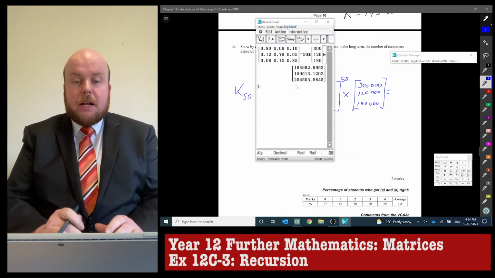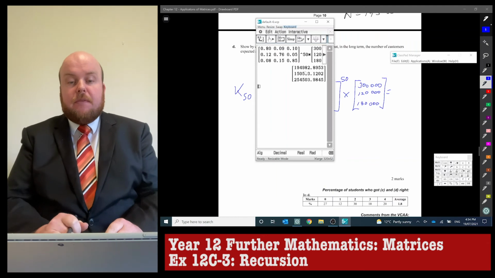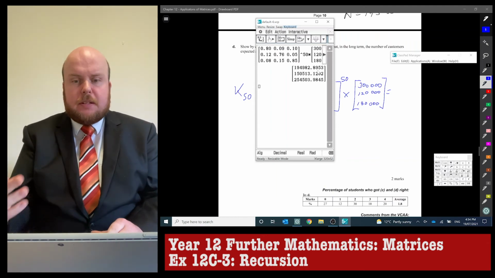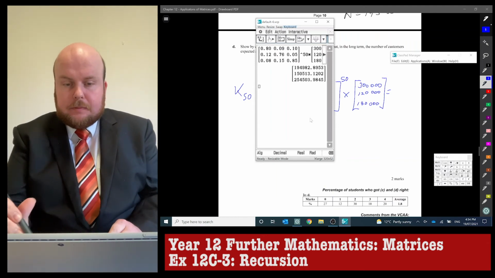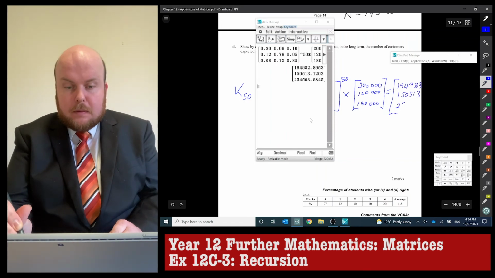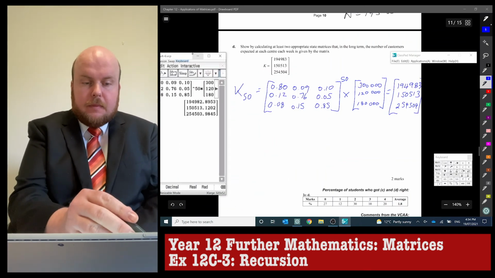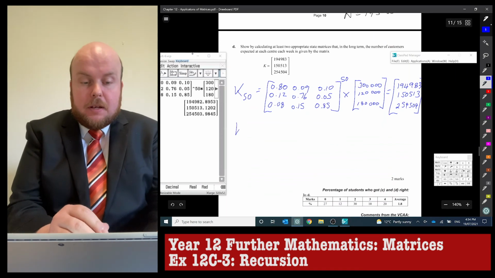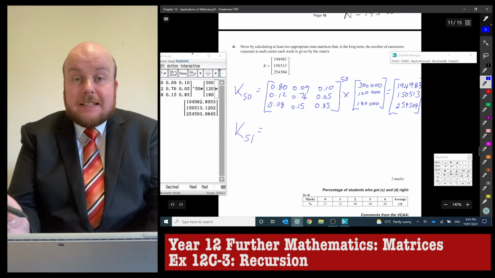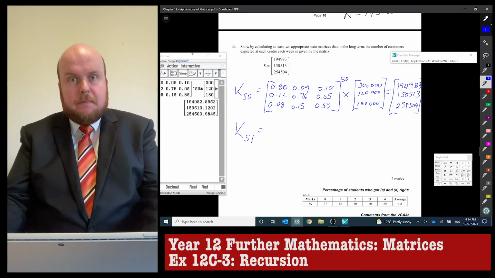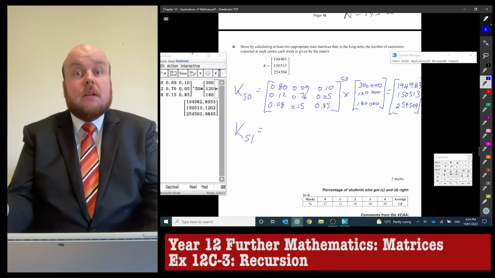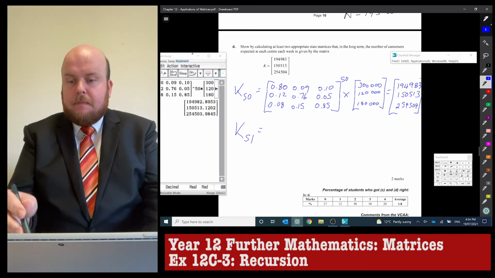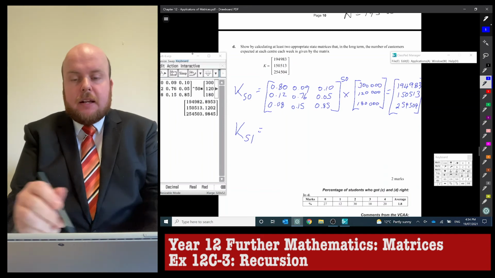And I get this, 194,982 point, etc., etc. And then for the next one, it's going to be steady state if the next matrix after this is going to be the same, if the final answer is going to be the same.